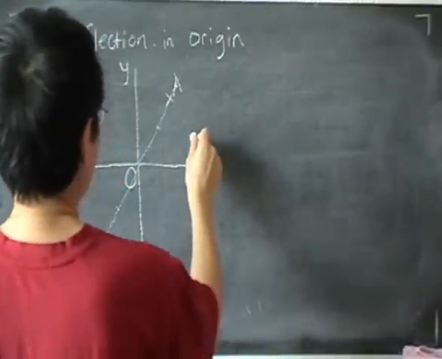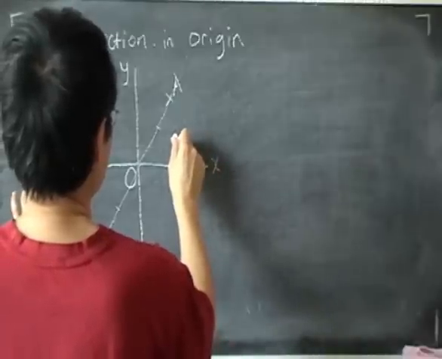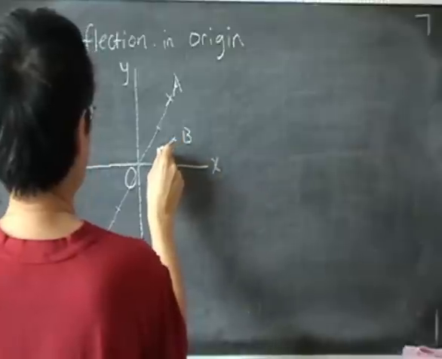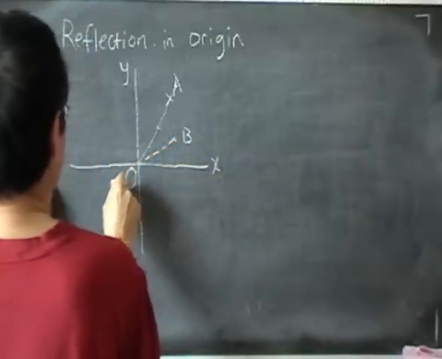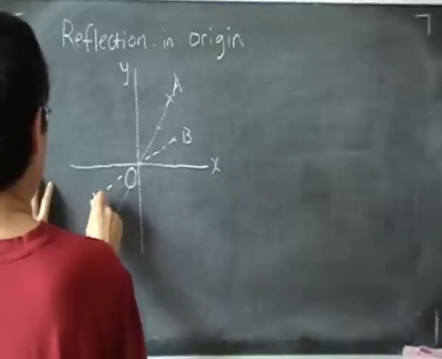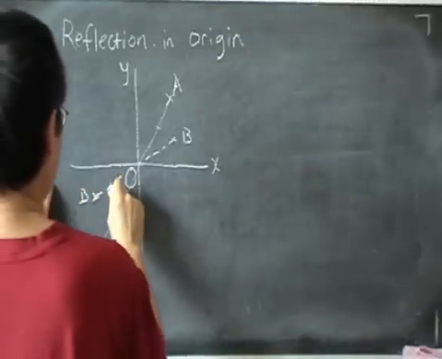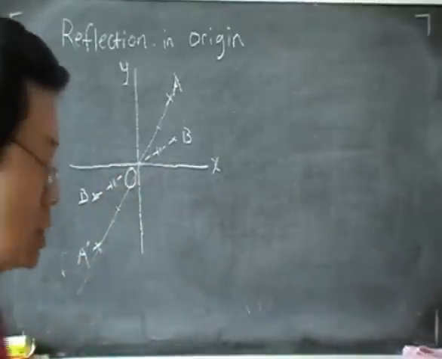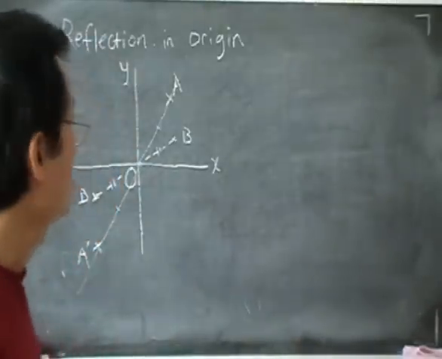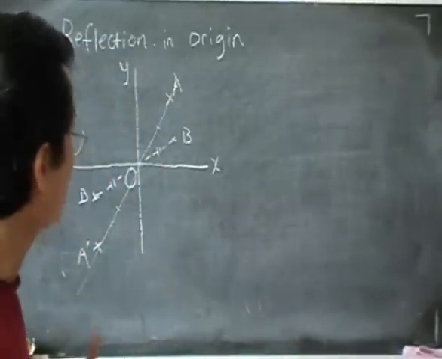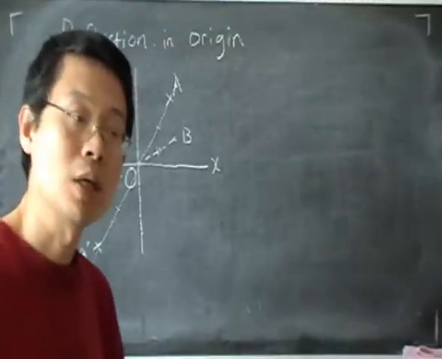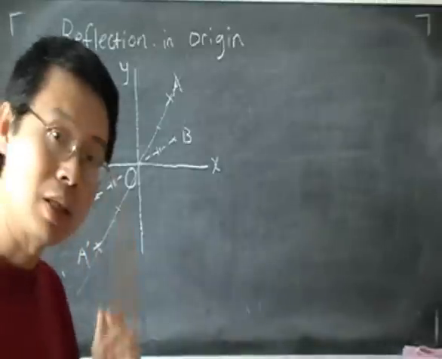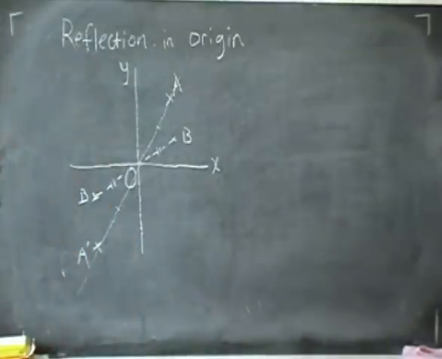And if I have another point there, for example, B, I can just do the same thing. Just draw a line and measure out the same distance on the other side of O. So that's what we do when we think of reflection at a point, or reflection at the origin in mathematics.